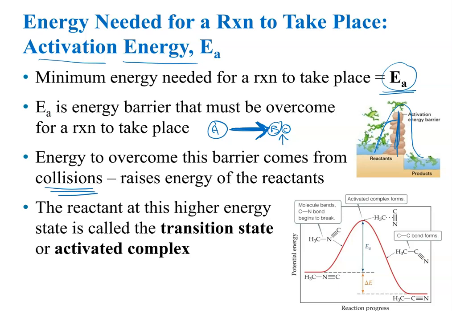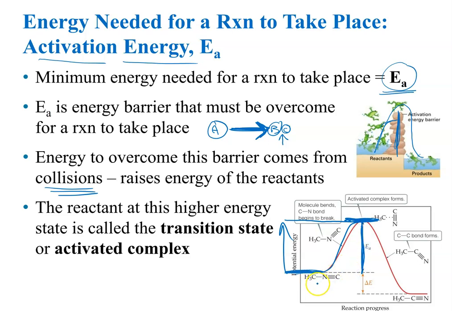Let's look at the graphic below. This reactant has a certain potential energy, and it collides with a neighbor, and that provides enough energy. This is the potential energy scale. You can see the molecule then rises up on the potential energy scale. This amount of energy here is labeled EA.